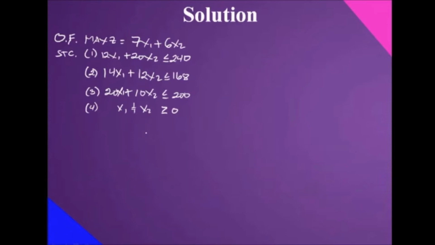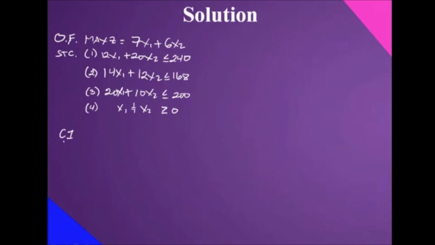Pero for us to be able to have the coordinate pair, i-convert natin itong constraints, dapat maging equality. So, during our computation for our constraints and for our coordinate pair, gawin na natin siyang equality. So, sige, let's have our computation for our first constraint.